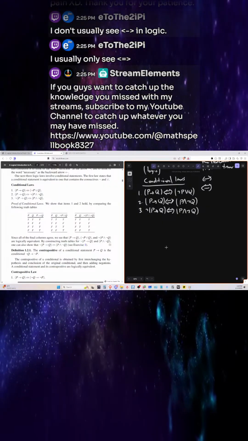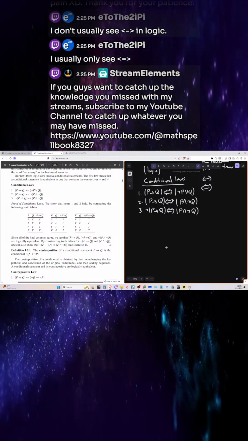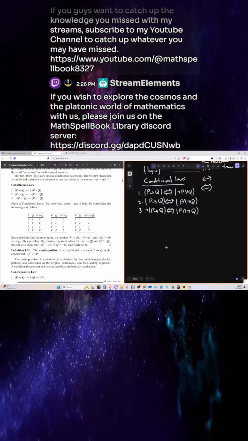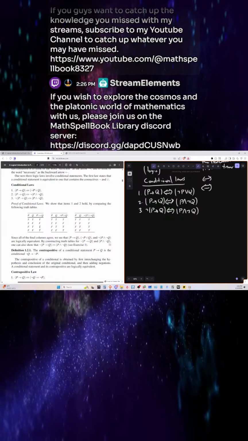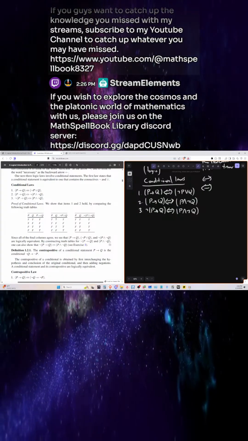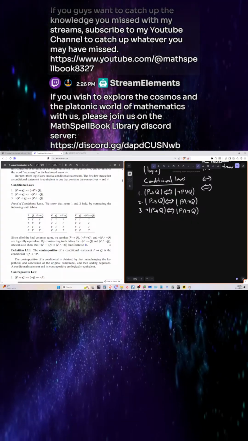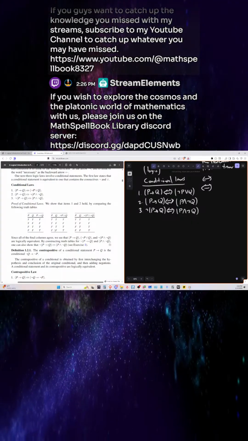Okay, here we go. Proof of the conditional laws. P and Q. It's always great when it's 2 statements, but when it comes to 3 statements, that's when it gets a little bit annoying, because then you have to keep track of all the T's and the F's, and it's like, oh my gosh.